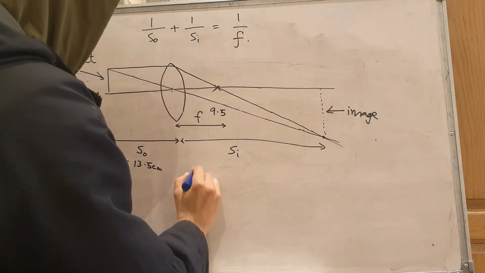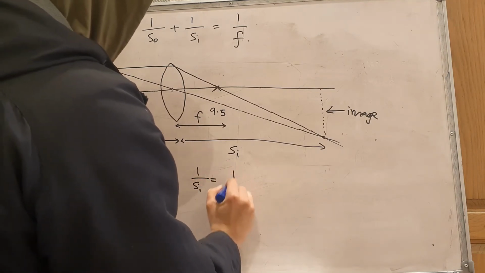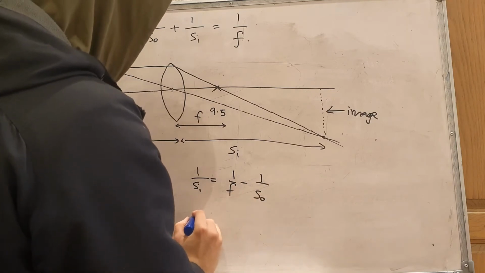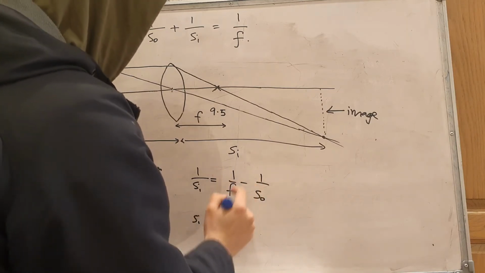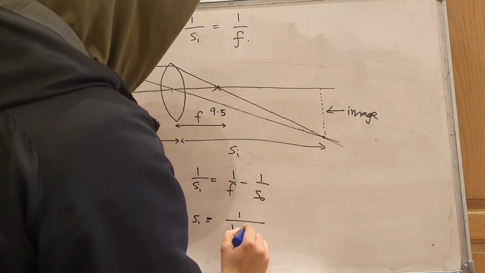So 1 over SI is equal to 1 over F minus 1 over SO. So SI is equal to 1 over this, which is 1 over F minus 1 over SO.